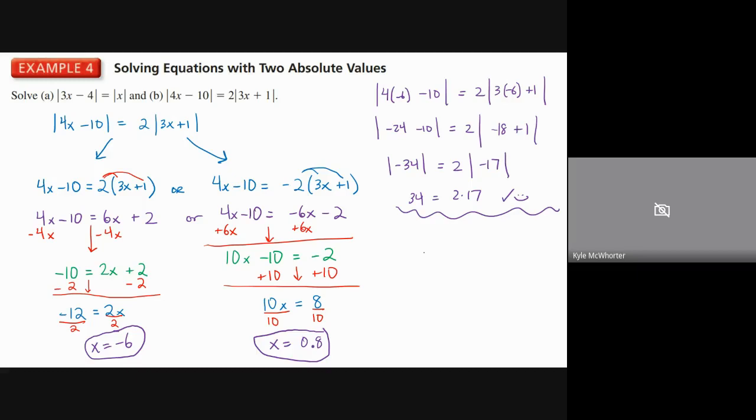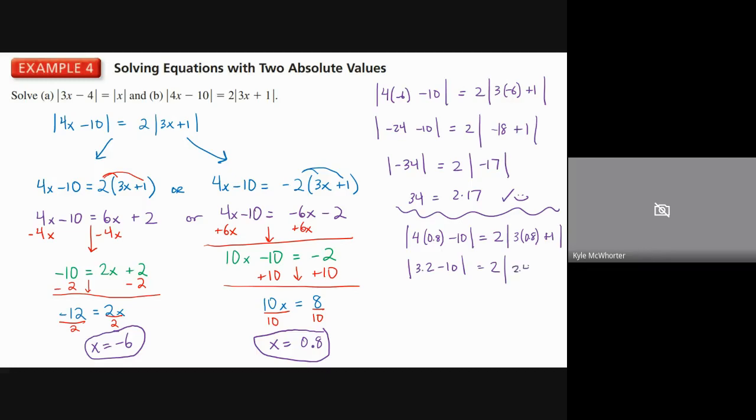Now let's check 0.8. So 4 times 0.8 minus 10 equals 2 times absolute value of 3 times 0.8 plus 1. So 4 times 8 is 32. So this is 3.2 minus 10. 3 times 8 is 24.